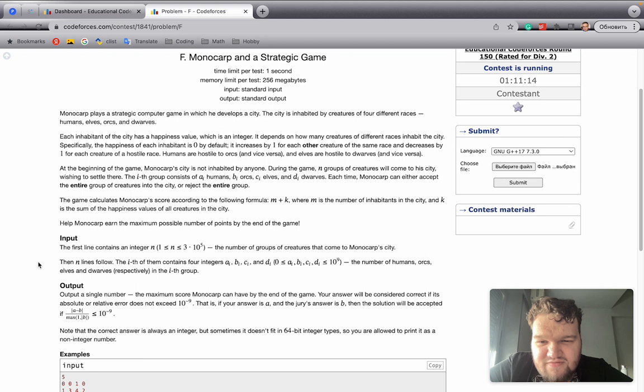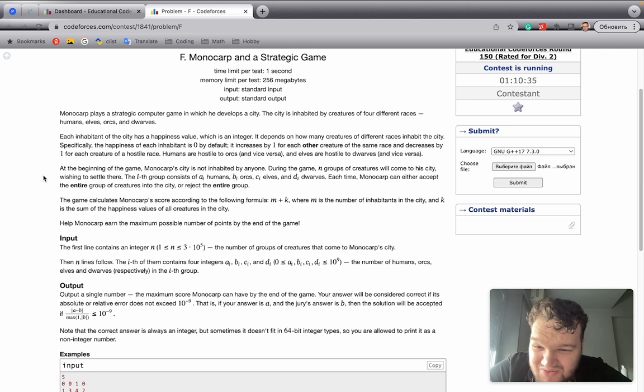So if we have X humans and Y orcs, then human happiness value will be X minus 1 minus Y, and orc happiness value will be Y minus 1 minus X. But we can ignore that minus 1 because it's just minus 1 for every creature, and then all the other things, if we just sum the happiness up.